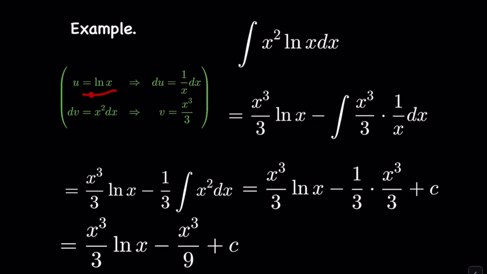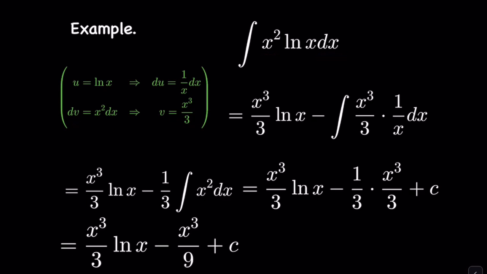So if I take u to be equal to natural log of x, then the derivative of natural log is 1 over x. So you see 1 over x is much simpler, it's much easier to deal with than natural log of x. So that's what I'm going to do. I'm going to take u to be equal to natural log of x here, and the rest as dv. So x squared dx will be dv.